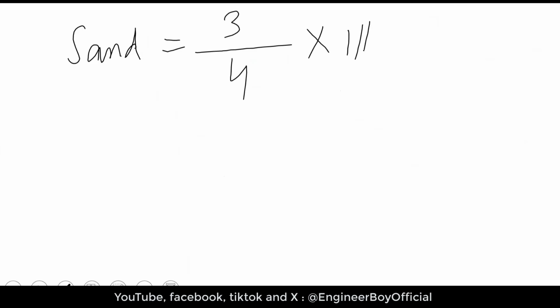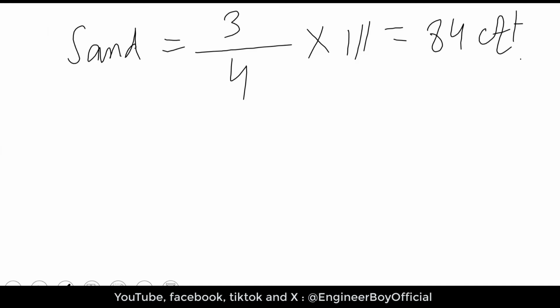Next, we need to determine the quantity of sand. So you have to use the same formula, like the ratio of sand, which is 3, divided by the sum of ratio, which is 4, and multiply it with the same thing, which is the dry mortar. So this should be the quantity of sand, and this is so simple, which should be maybe 84 CFT of sand.